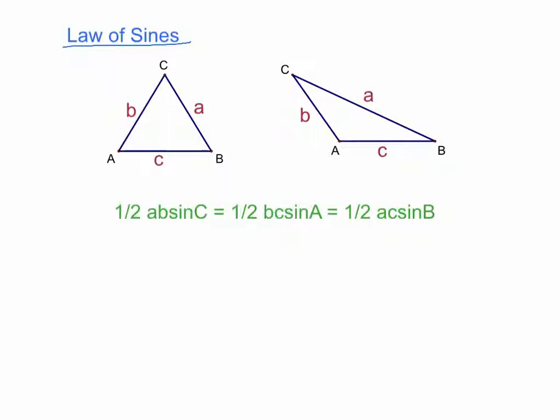The area could be equal to 1/2 AB sine C, or 1/2 BC sine A, or 1/2 AC sine B. Each of those three formulas captures the area of the triangle, with the big thing being that the respective angle is included in between the two sides in each expression.